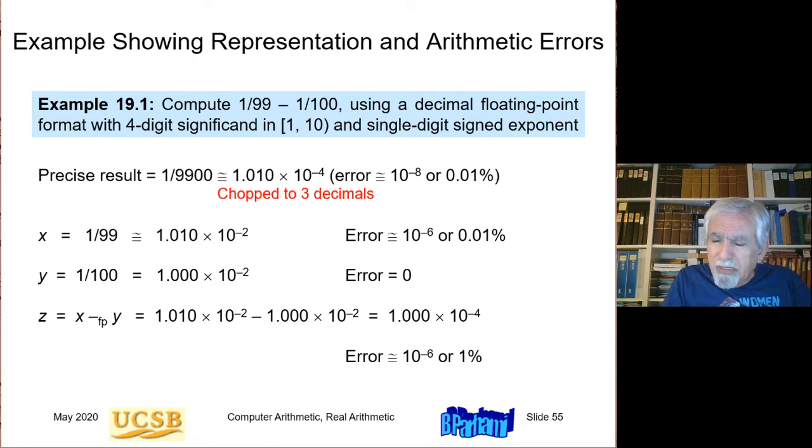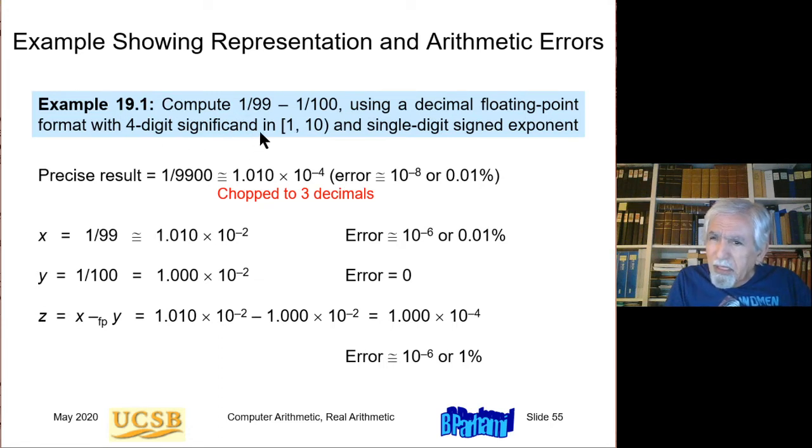Here is a very simple example to get us started. Suppose I want to compute this expression, 1 over 99 minus 1 over 100, and these are decimal numbers. I'm going to represent both of them in a floating point format with 4 digits significant.